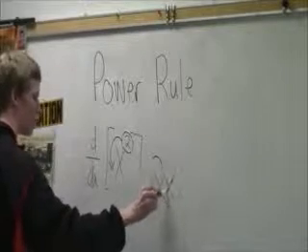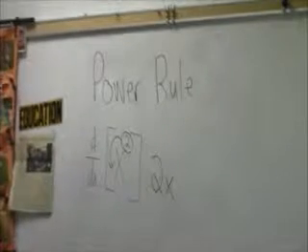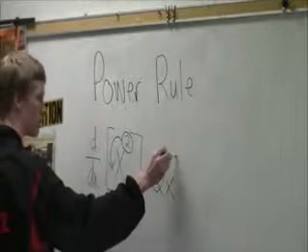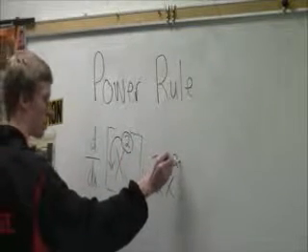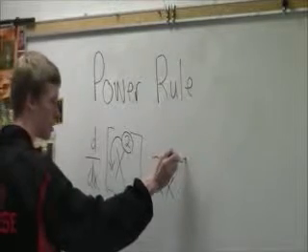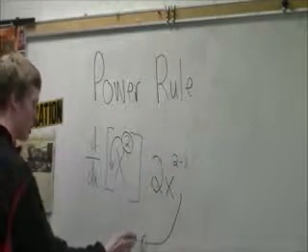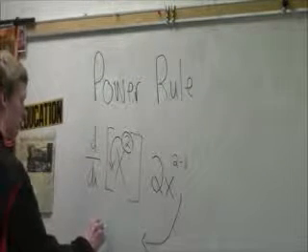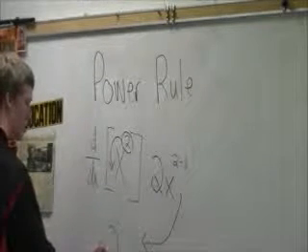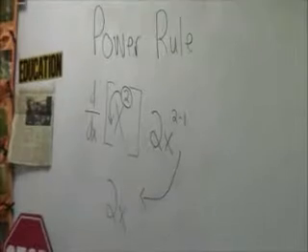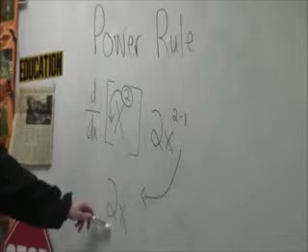In addition, make sure you minus 1 from the power in order not to be confused. This is one of the key things that can make or break your grade on a calculus test. Last but not least, make sure you simplify as much as possible in order to get max points. And that's how you get the answer, 2x.